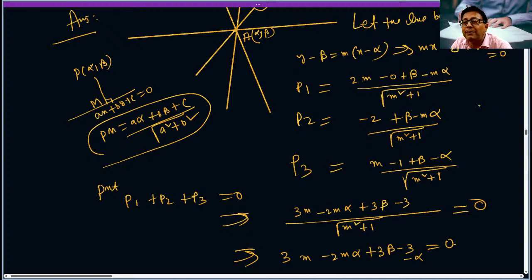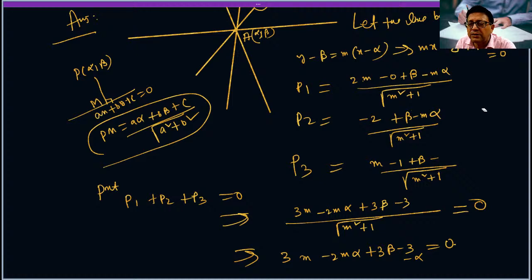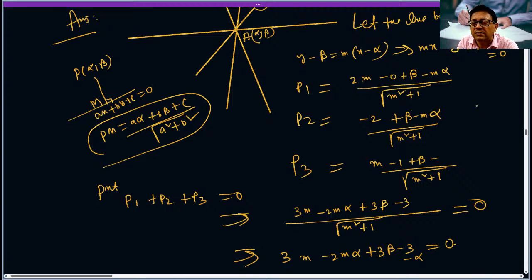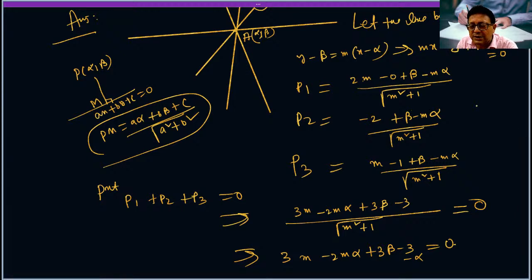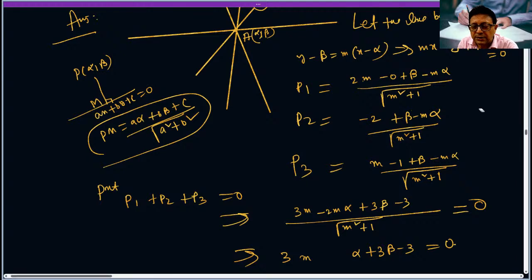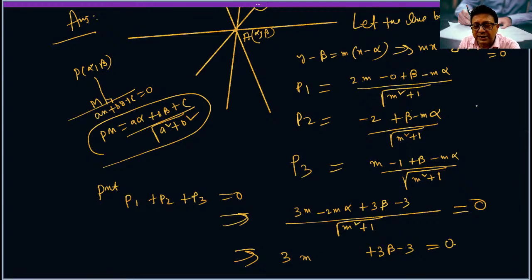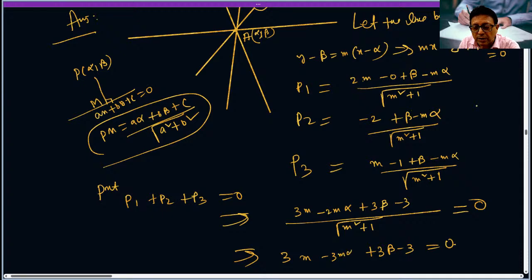Only minus alpha or m alpha? This is m alpha, minus 2m also. So it will be minus 3m alpha. Isn't it? This was the mistake. Clear?